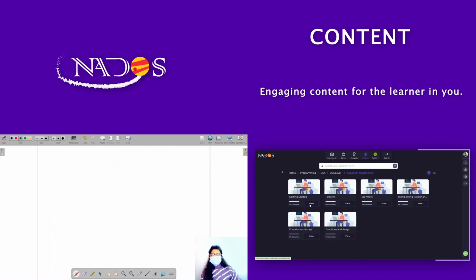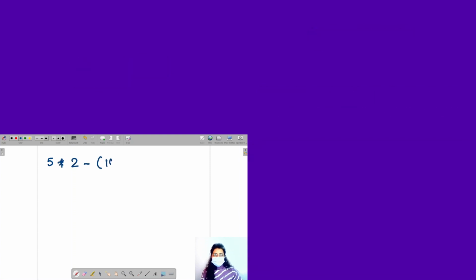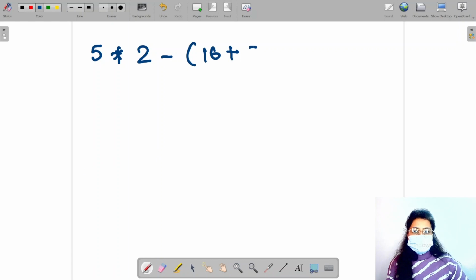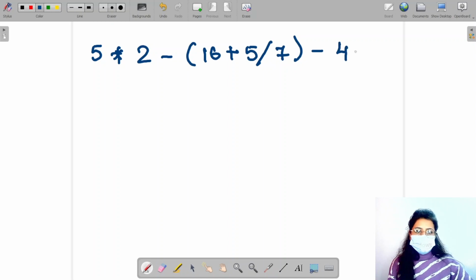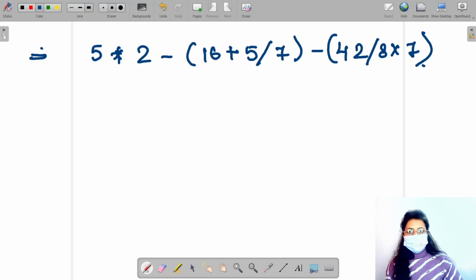So let's see if we have this: 5 into 2 minus 16 plus 5 divided by 7 minus 42 by 8 into 7, right? If this is the string given, how can we solve this?